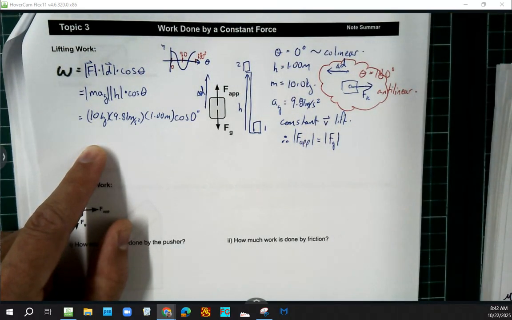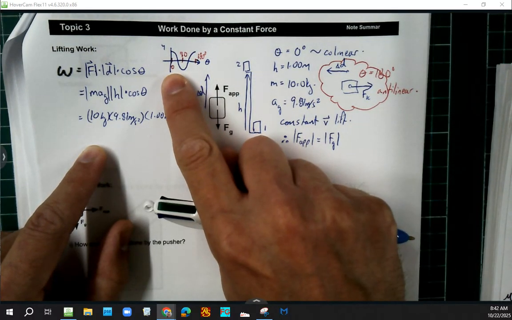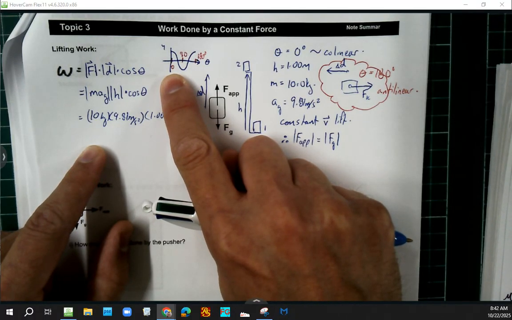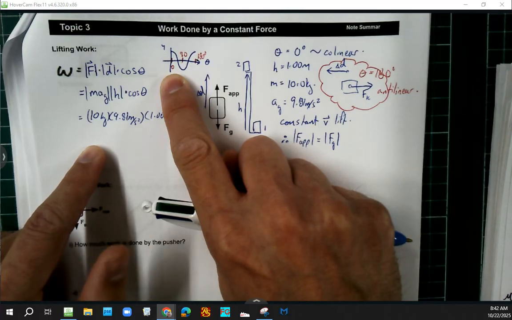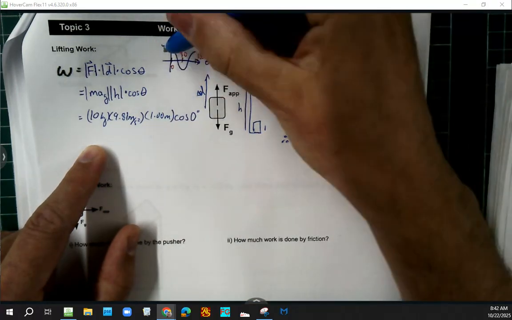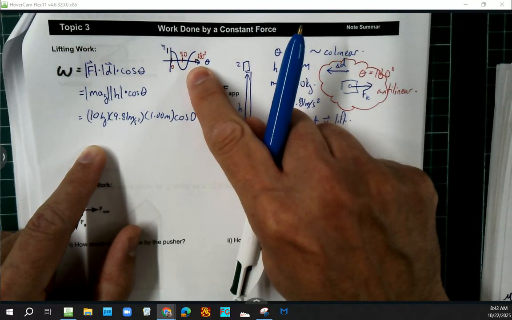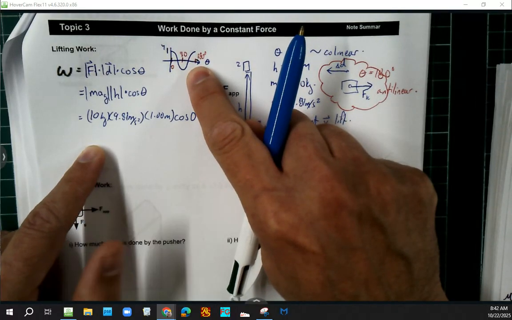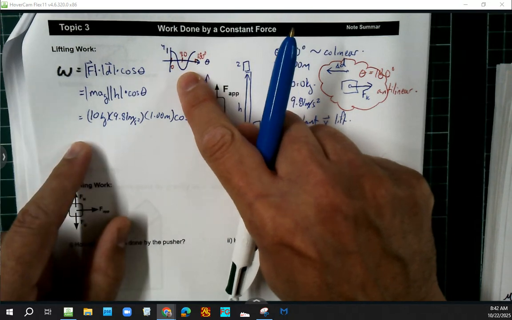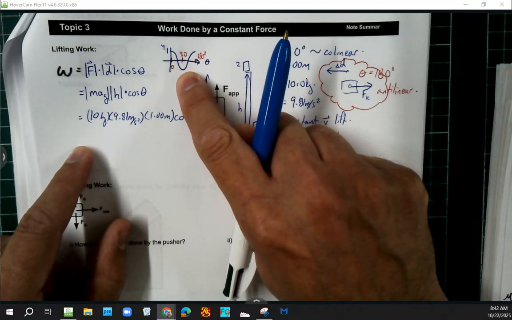For that unit curve, what's the critical value point for when theta is equal to 0? 1, yeah. I mean, that's why it's the unit curve. So 1. What about when theta is equal to 180? Also 1. What about when theta is equal to 90?